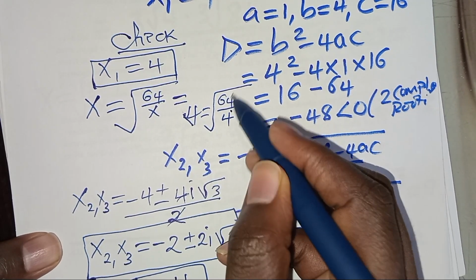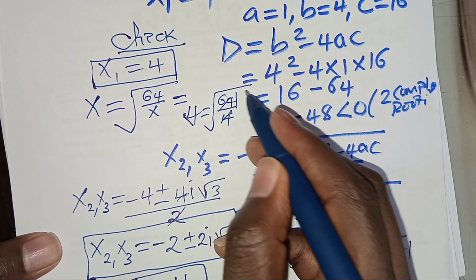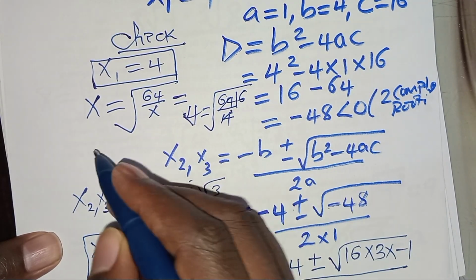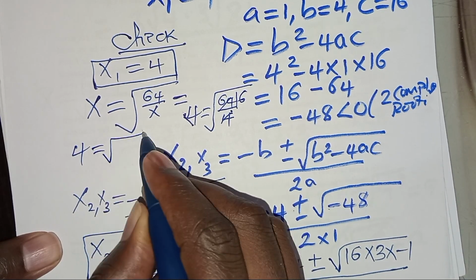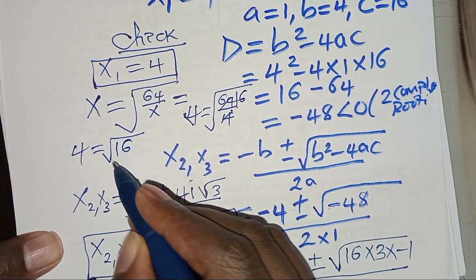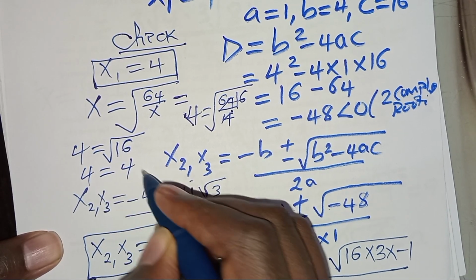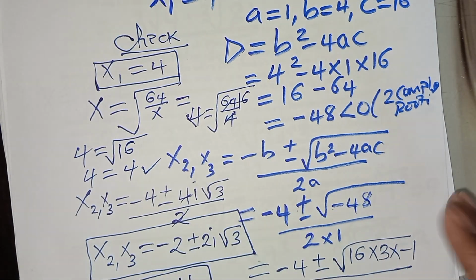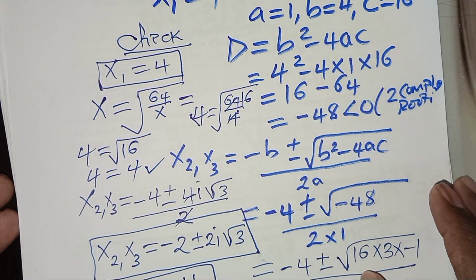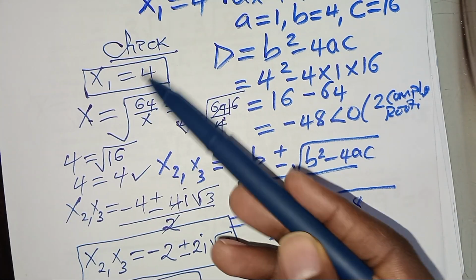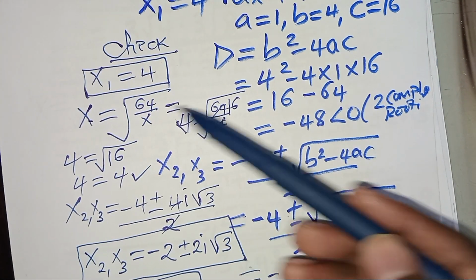So 64 divided by 4 here is the same thing as 16. Okay, so 4 is equal to the square root of 16, and the square root of 16 is actually equal to 4. That means that x1, the real solution here, satisfies the equation.